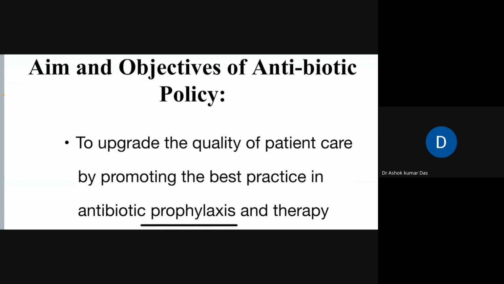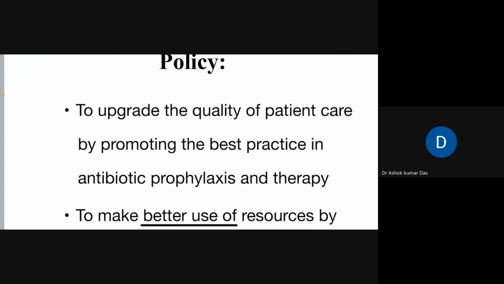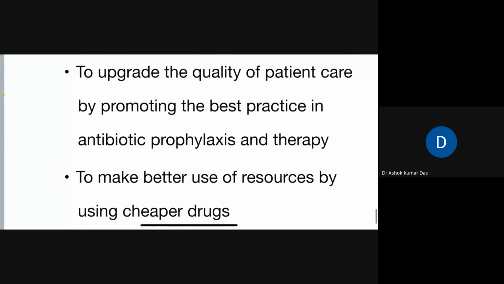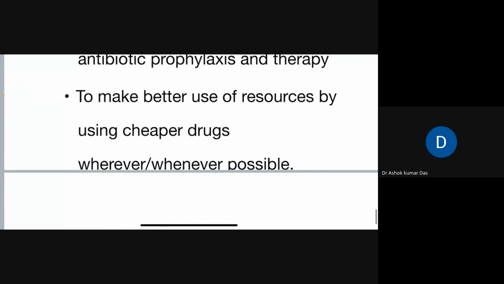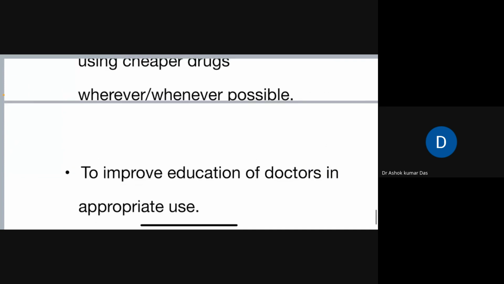To upgrade the quality of patient care by promoting the best practice in antibiotic prophylaxis and therapy, and to make better use of resources by using cheaper drugs wherever and whenever possible. Not always, but if the purpose is sufficed by a narrow spectrum drug, we should not use the broad one, and microbiology culture sensitivity should always be taken into account.